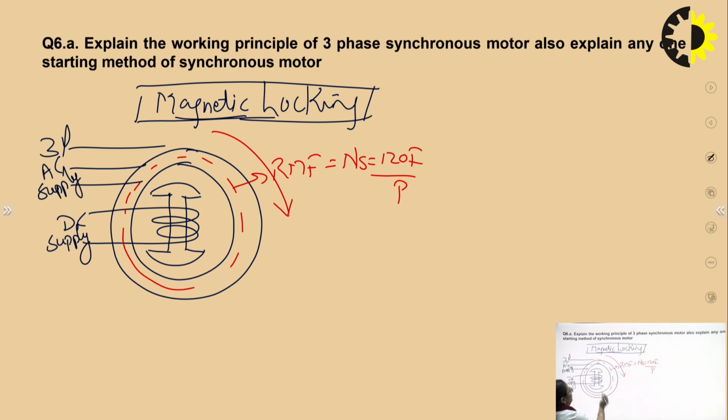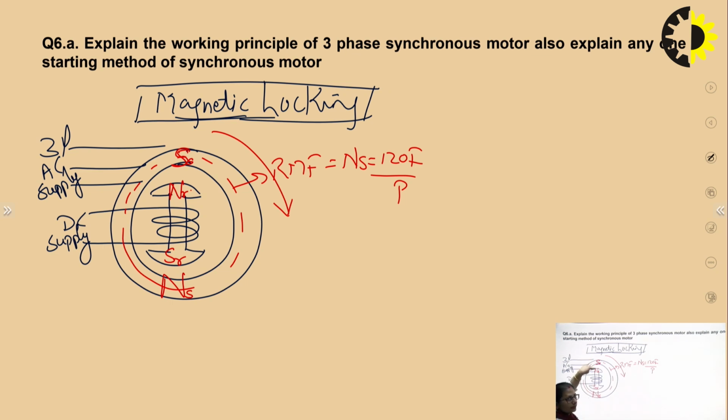And while doing that, presently, the poles being formed in the stator are, say, south here and north pole here, right? And as we give a DC supply to the rotor, the poles being created, say, are north over here and south over here, right? In this particular case, these are opposite poles.